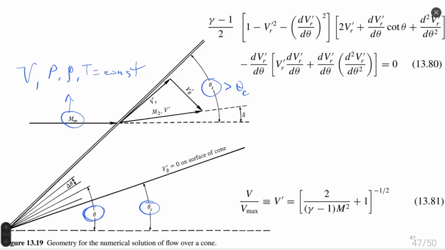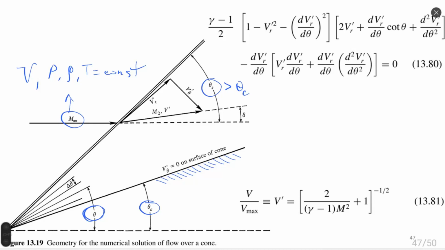And we know that another boundary condition is on the surface of the cone, which says to us that all velocity is moving according to the shape, or according to the angle of the body. On the surface, only the tangential component of velocity will appear, and the normal component of velocity will not.